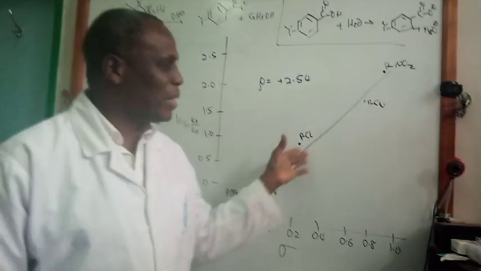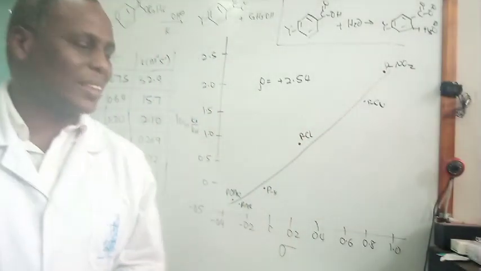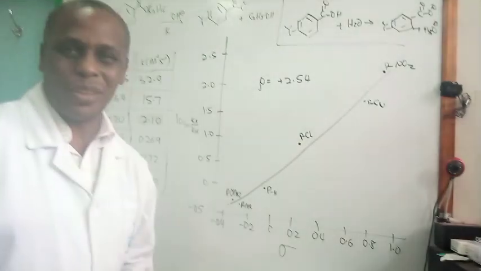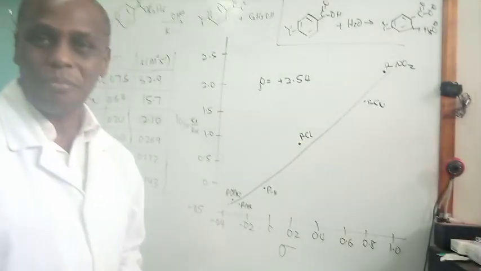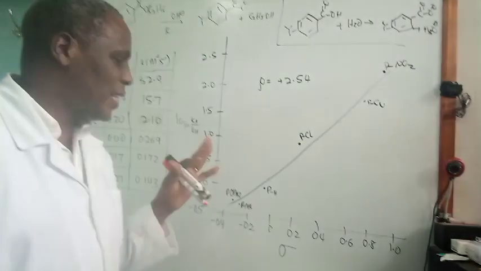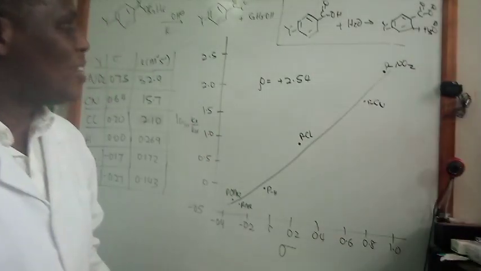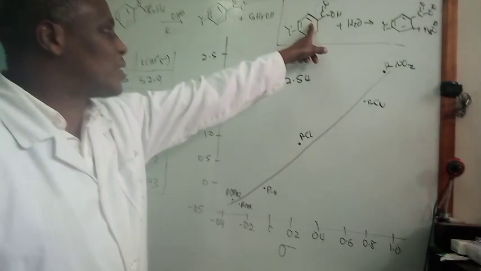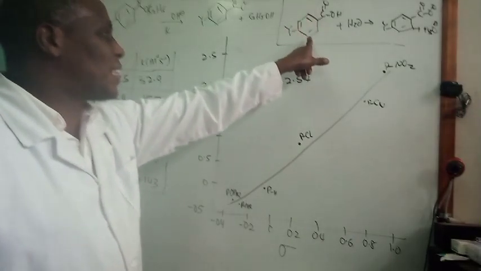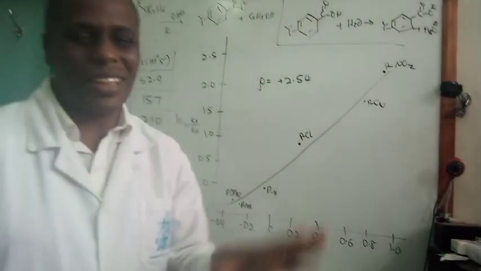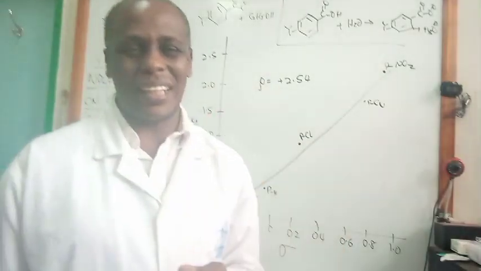So there's something, I believe, you've learned about this Hammett equation and Hammett plots. They are purely dedicated to understanding mechanism for aromatic compounds which have got substituents at either the meta or para position. Let me just repeat that again and again.